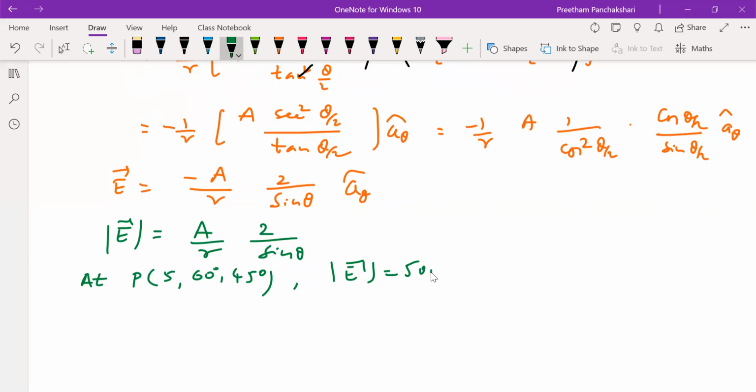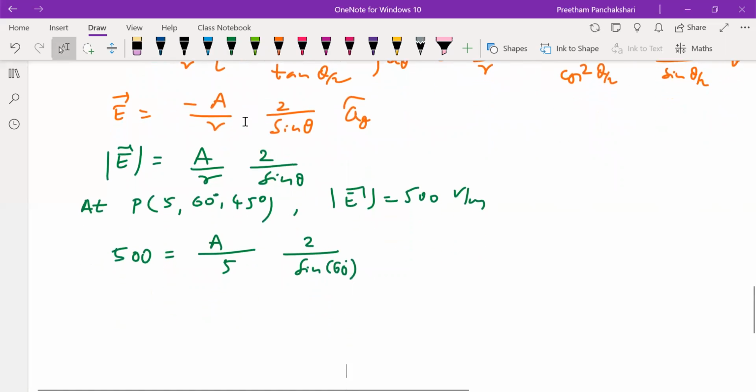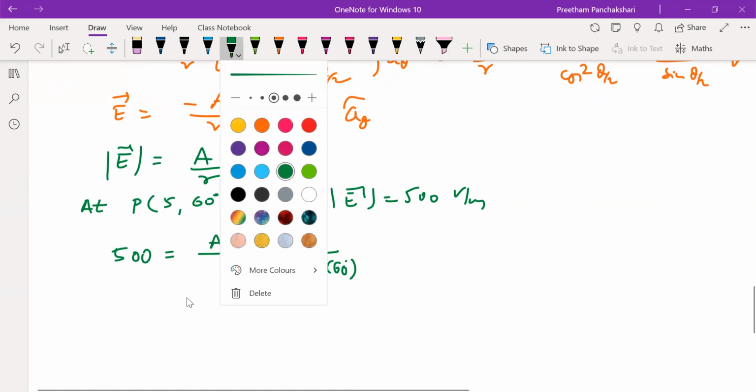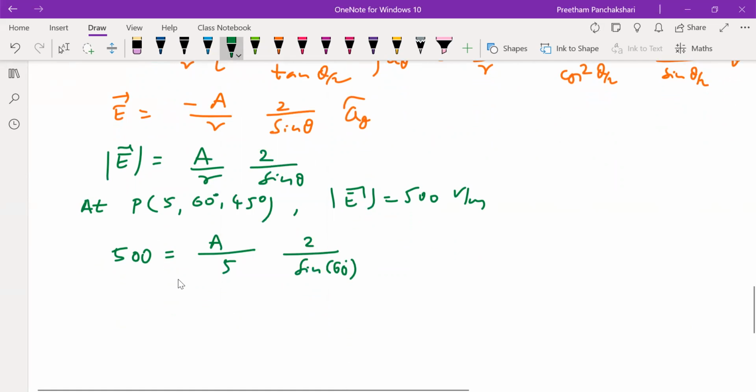It's 500 volts per meter. So 500 is equal to constant A over R, which is 5, times 2 divided by sine of 60 degrees. So after solving, we get A value as 1082.5.